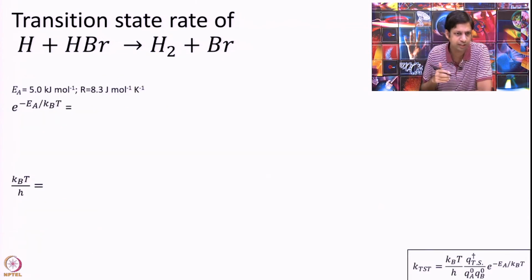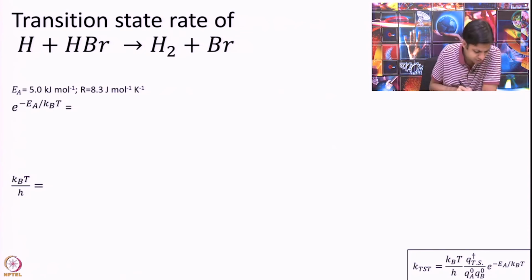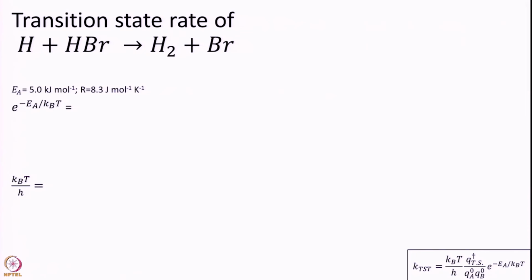Finally, we have to calculate this exponential factor and kT over h. So, kT over h comes here and that is your exponential. The exponential is simply minus EA, 5 kilojoules per mole.